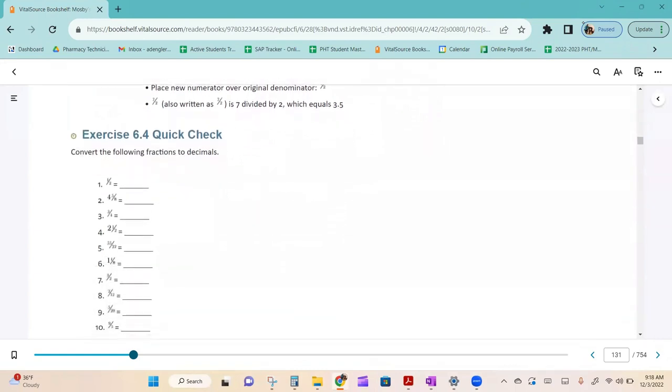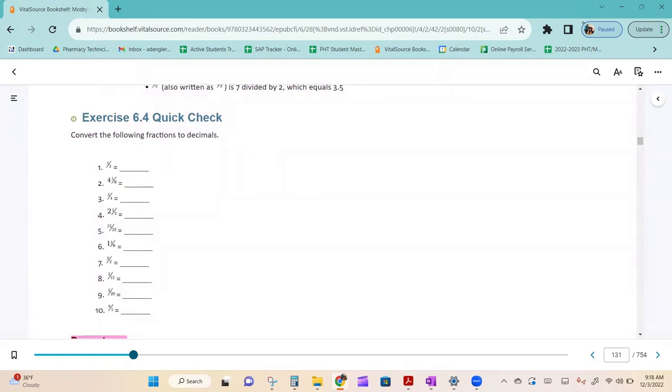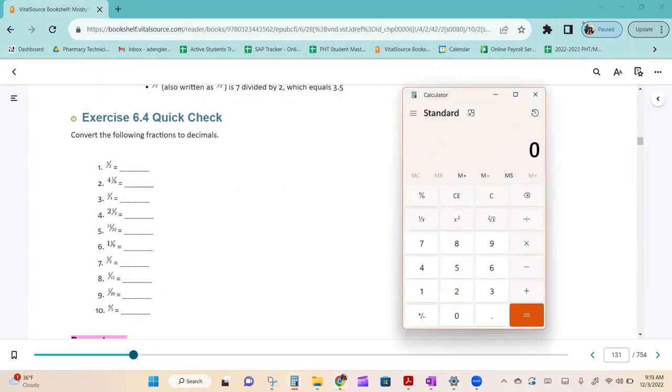Okay, so let's do an improper fraction. So number 10 on the quick check. Same thing, 9 divided by 5 is 1.8.